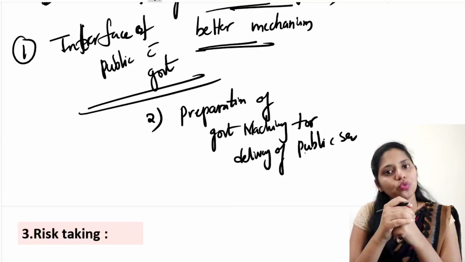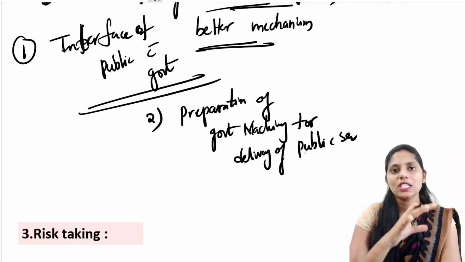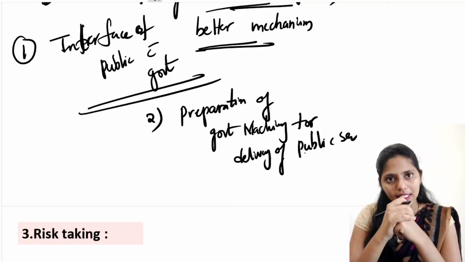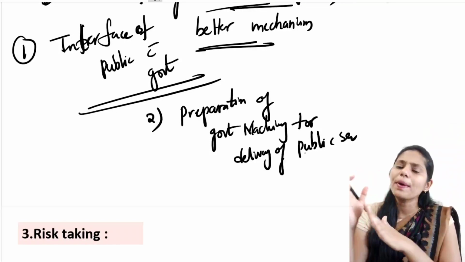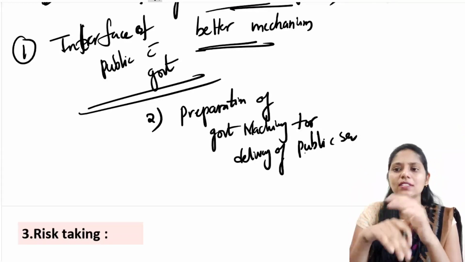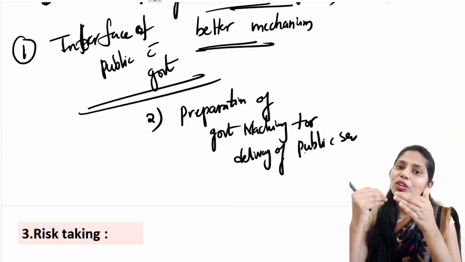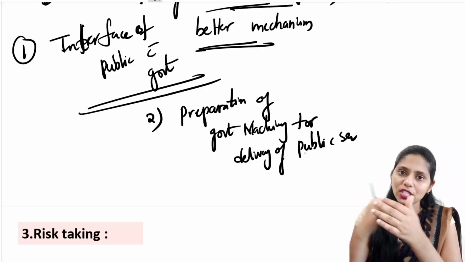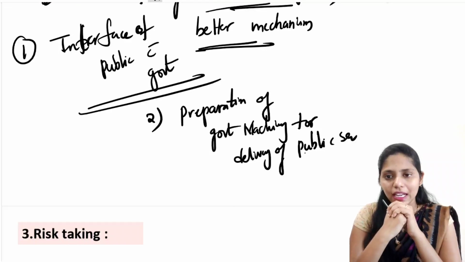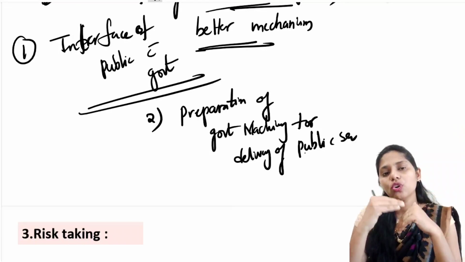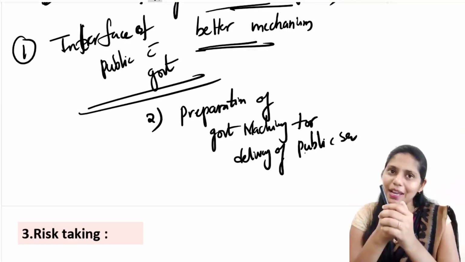When can we serve a large number of people at the same time? Yes, whenever we are using ICT, that is, information and communication technology, and we need to properly monitor the mechanism to assess the performance of the people and the performance of government. We can identify credentials, go for managing a proper database, and focus on a proper grievance redressal mechanism. So these are some important dimensions.